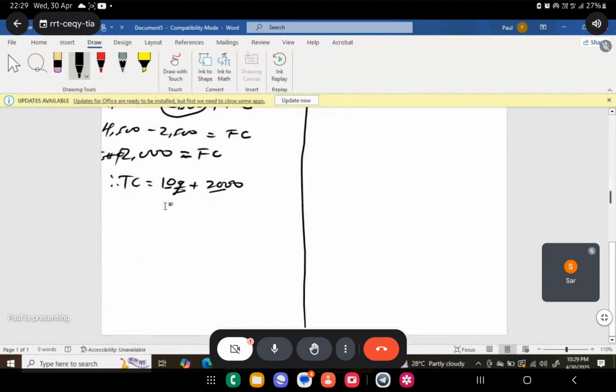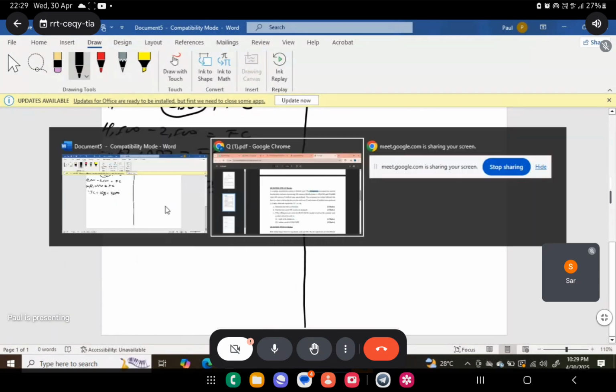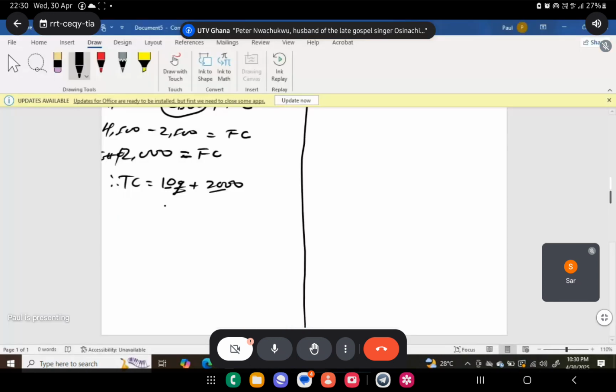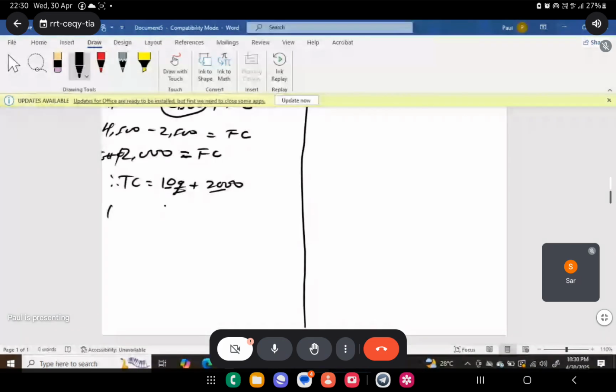Okay. Now we go to the second requirement under the same question. It says find the total cost if 500 cartons are produced. Now we have the function. So when Q is equal to 500, total cost will be 10 into bracket 500 plus 2,000. Please, you understand?